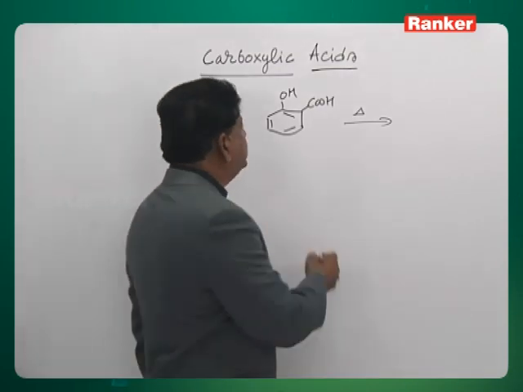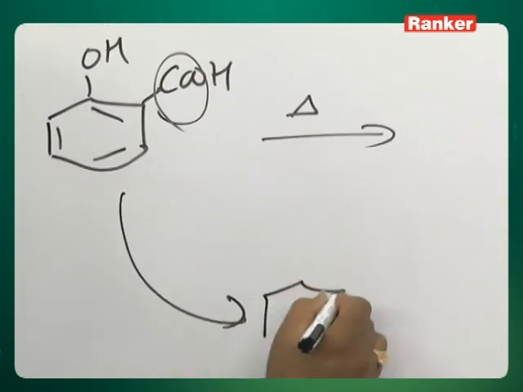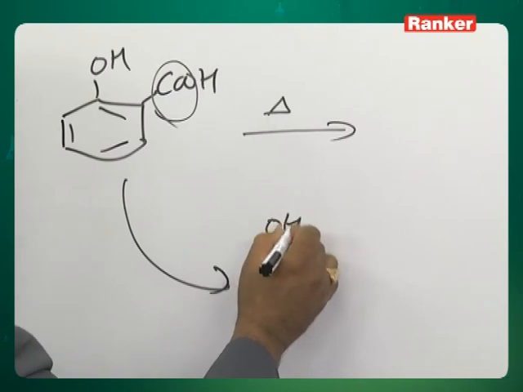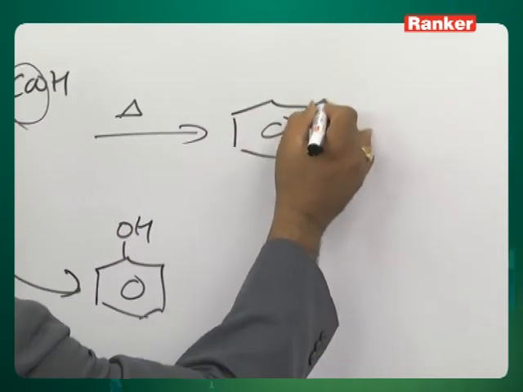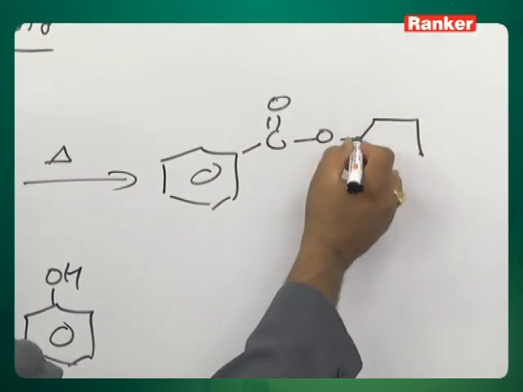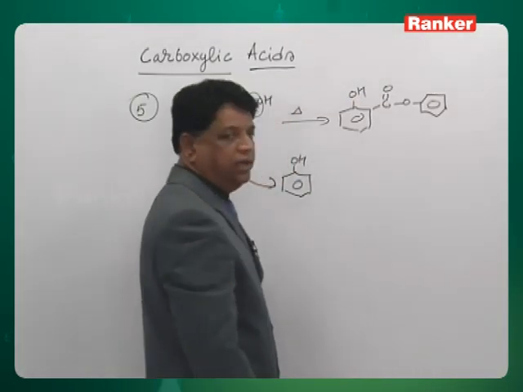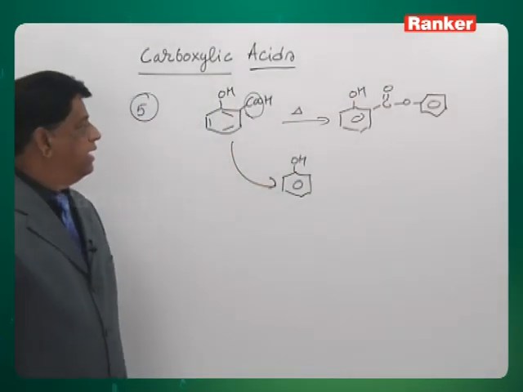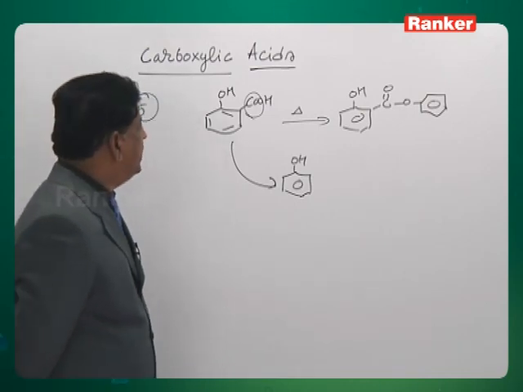Phenyl salicylate means, actually, on heating, decarboxylation takes place and a phenol is formed. This phenol reacts with the benzoic acid group and an ester is formed. That means O with a phenyl. Phenyl salicylate is formed, this is called salol. It is also a wonderful medicine of the analgesic type. So, it may be prepared by this particular reaction.